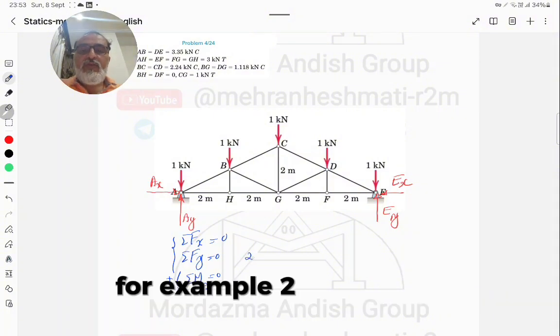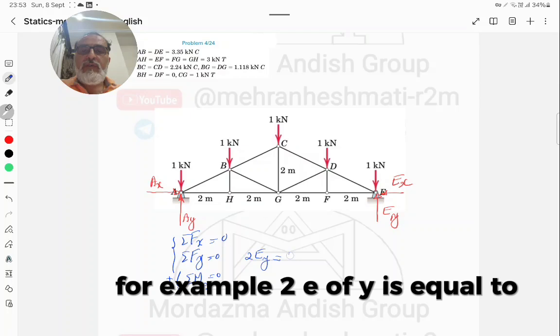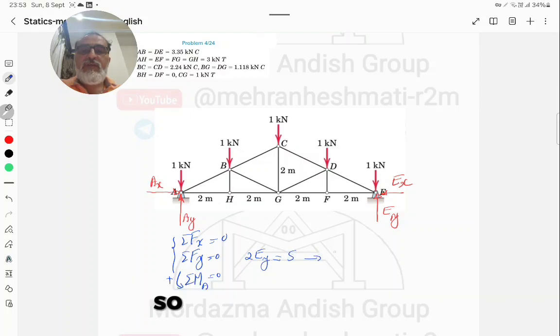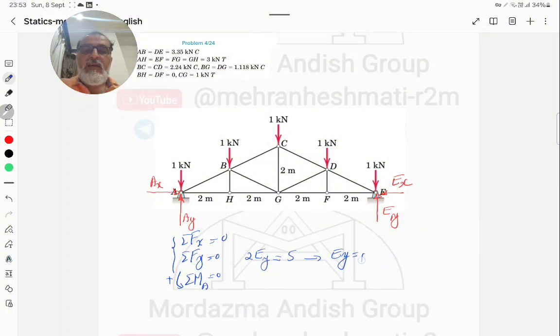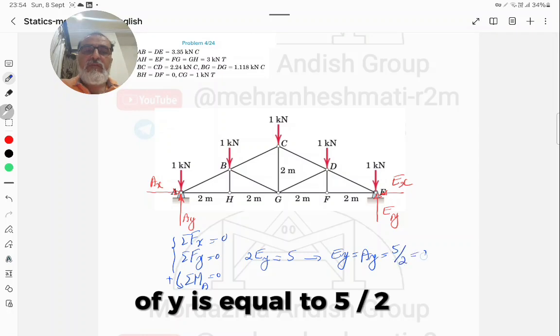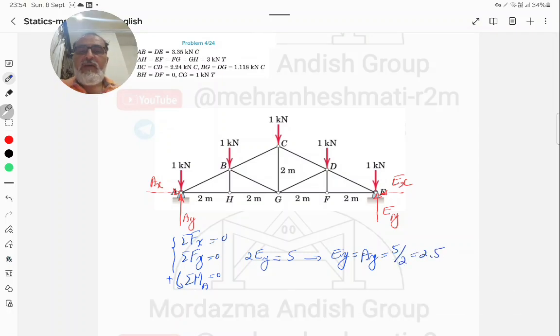For example, 2E of y is equal to 5 kilonewtons. So E of y is equal to A of y is equal to 5 divided by 2, meaning 2.5.